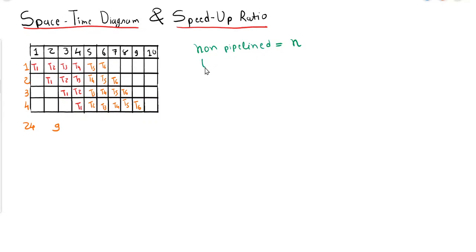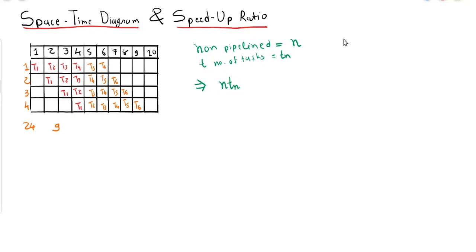Suppose we have n tasks: T1, T2, T3, T4. To find the time required to perform the n operations in the non-pipeline system, each task requires tn seconds and we have n tasks, so the time required for the non-pipeline system will be n into tn. Here tn is the time required for each instruction, and n is the total number of instructions.